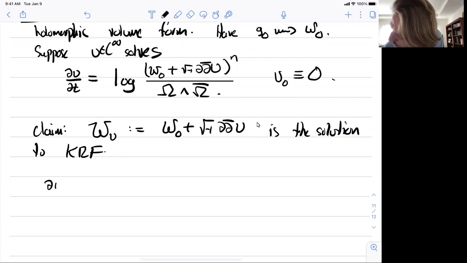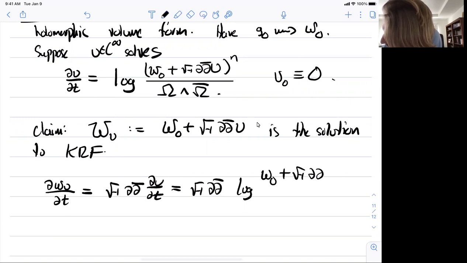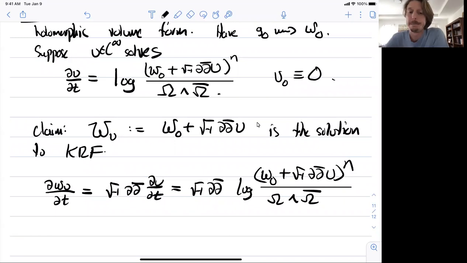So we can just directly compute ∂omega_u/∂t. It's clear I only have to differentiate this term, so this will be i ∂∂bar ∂u/∂t, which is then, sticking in the equation, i ∂∂bar log of (omega naught plus i ∂∂bar u) to the n, divided by Omega wedge Omega bar.